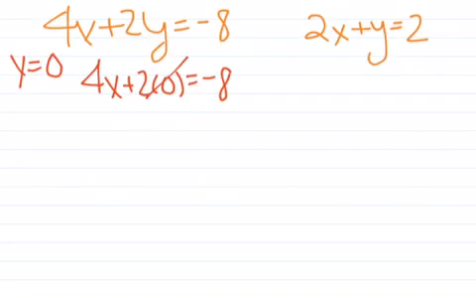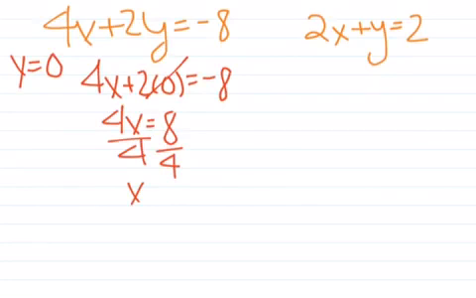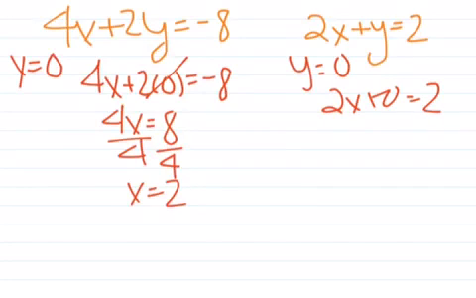That's going to cancel out and be 0, so we have 4x equals 8. We divide by 4, x equals 2. Same thing over here. If y equals 0, then we have 2x plus 0 equals 2. The 0 cancels out. We divide by 2, and x equals 1.